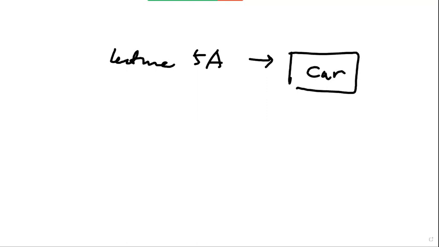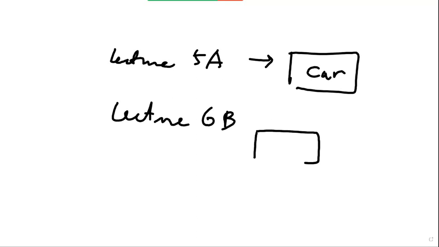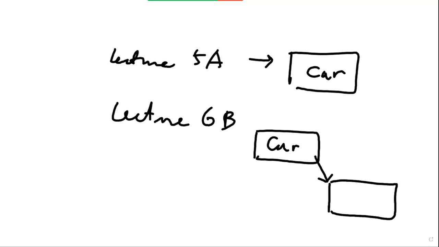The second part is talking about the car: one car may have an engine, so this has a relationship.